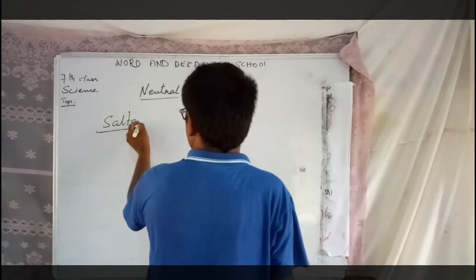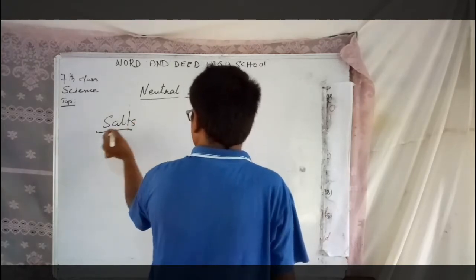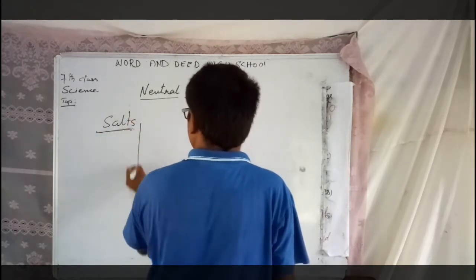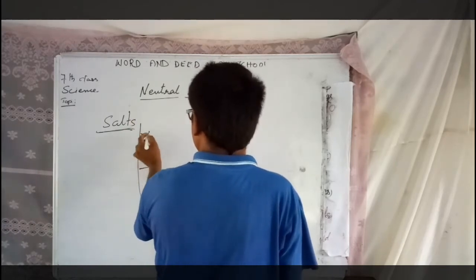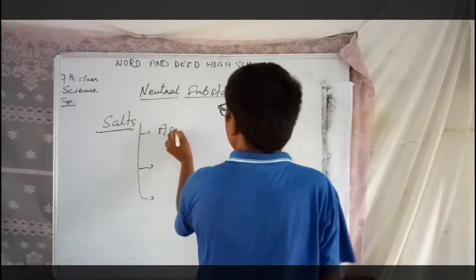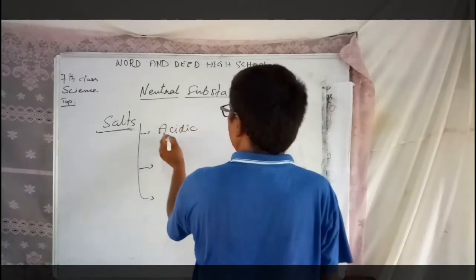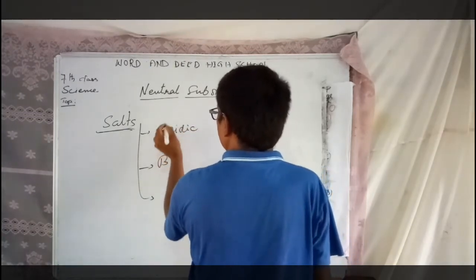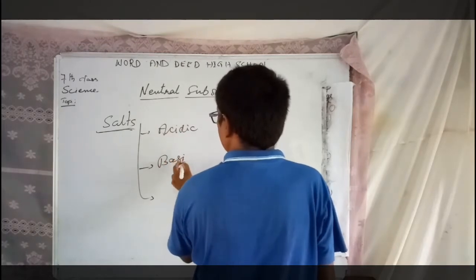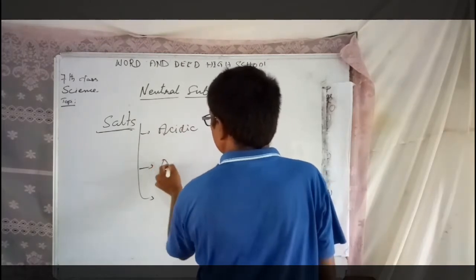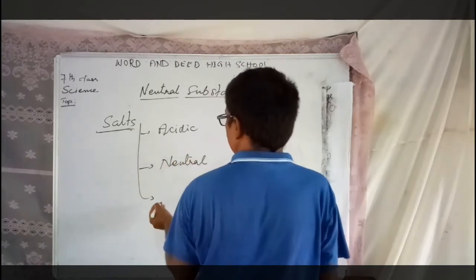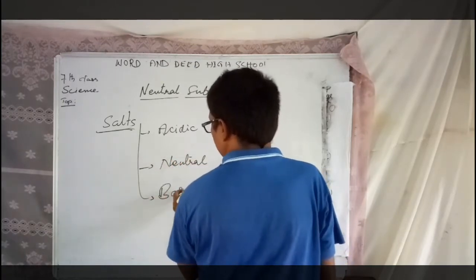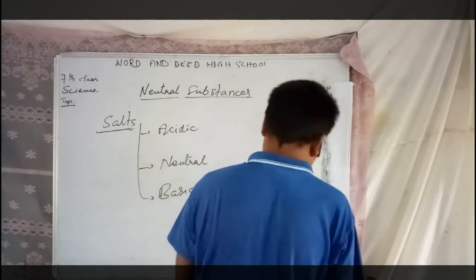Here I said some of the salts, right? Those salts are again classified into 3 types. One is acidic salt, another one is neutral salt, and another one is basic salt. Okay, students.